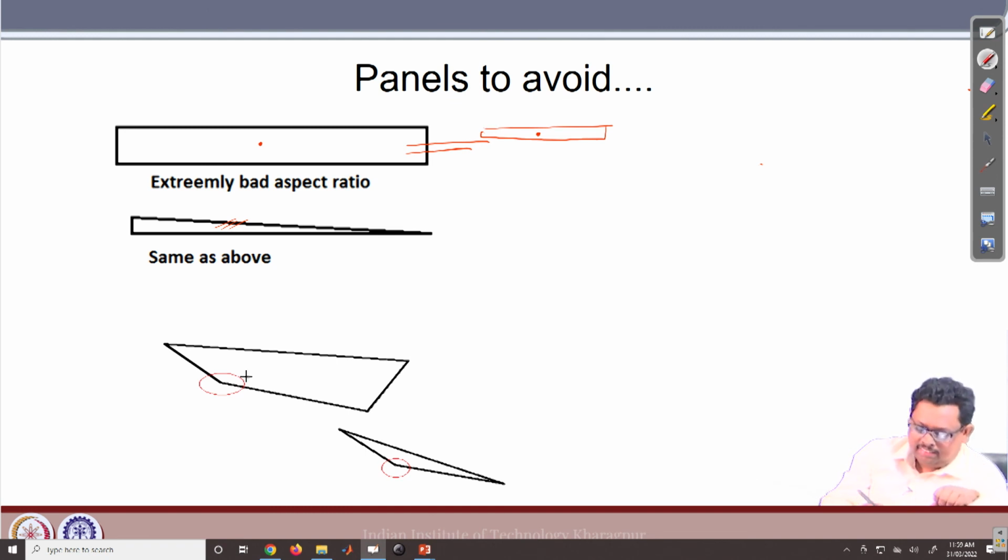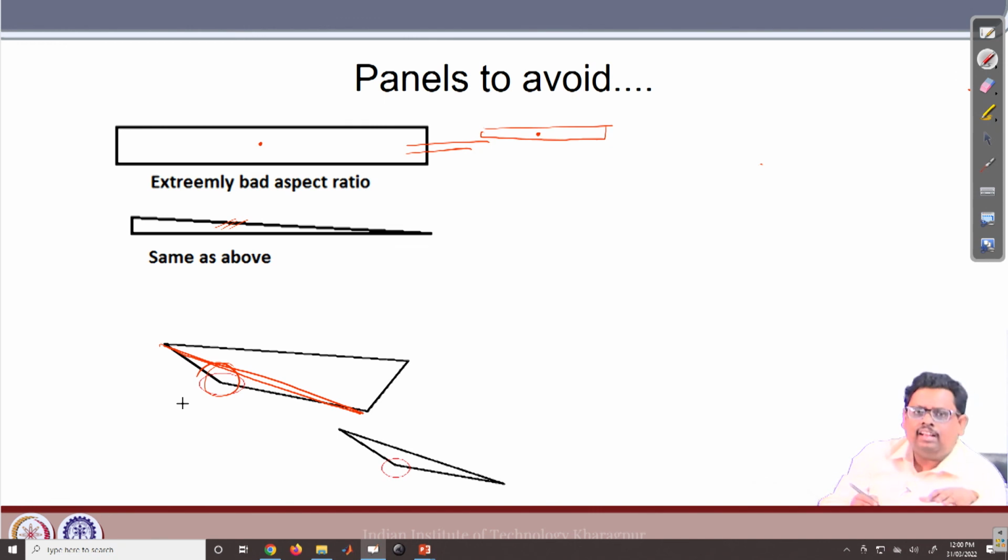And if you take this one, the angle is so large that sometimes, even if it is a quadrilateral panel, in code numerically it is sensed as a triangular panel, something like this. So, getting the normals in this case sometimes does not come very accurately.